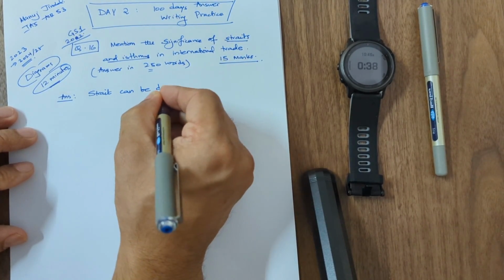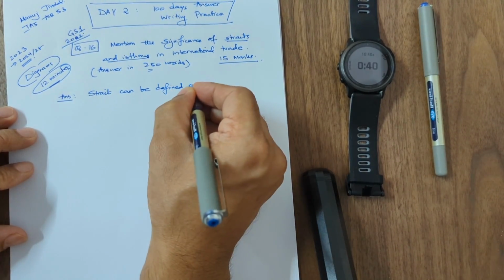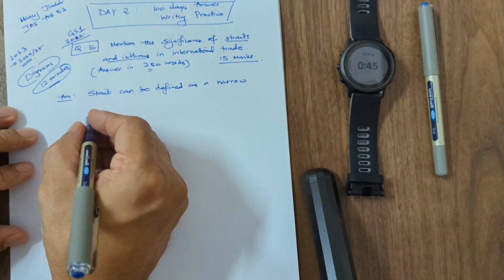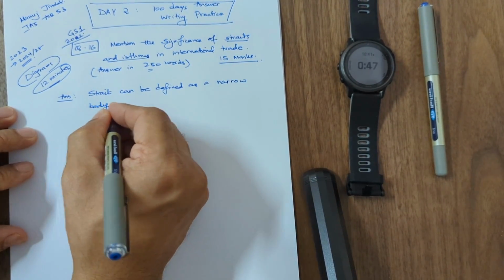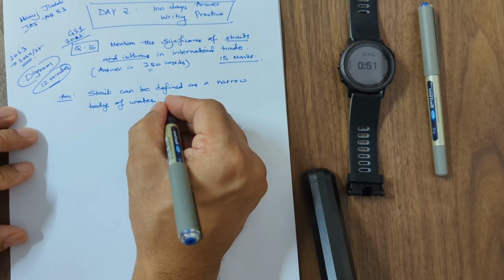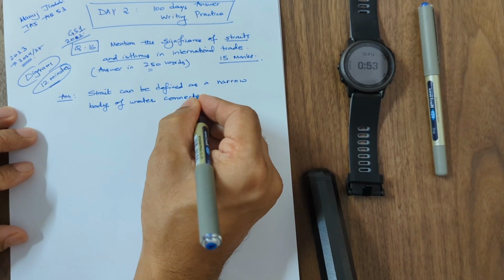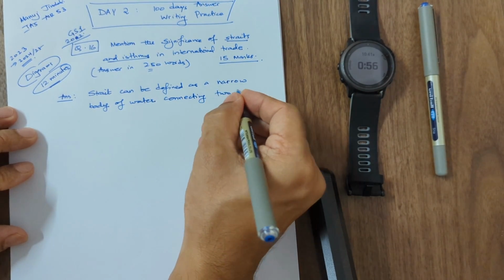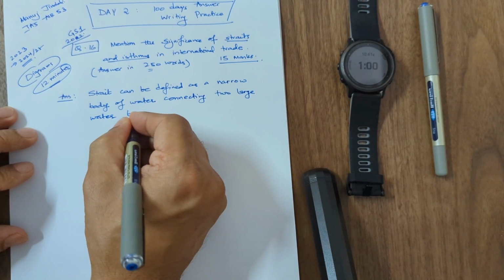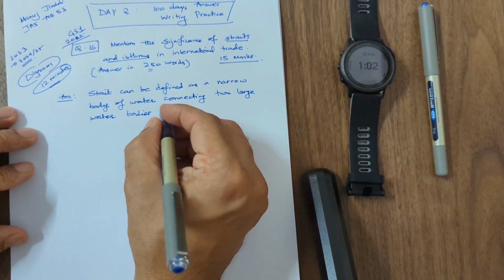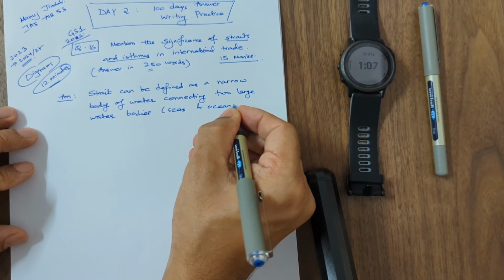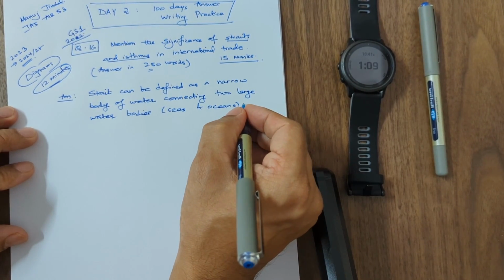A strait can be defined as a narrow body of water connecting two large water bodies. This is the basic conceptual definition which you definitely need to provide here.